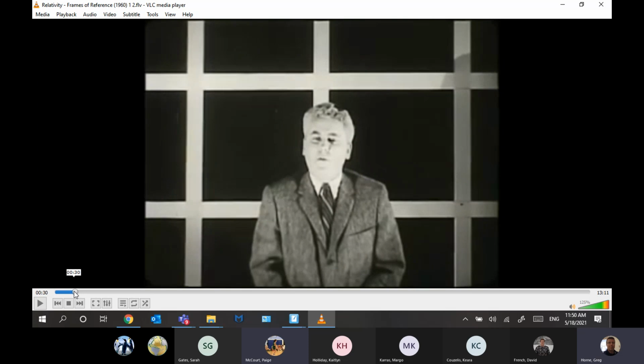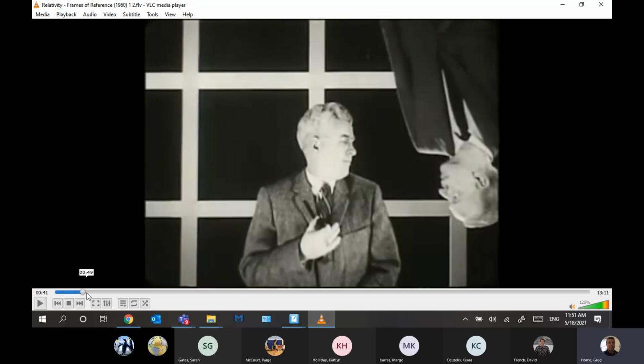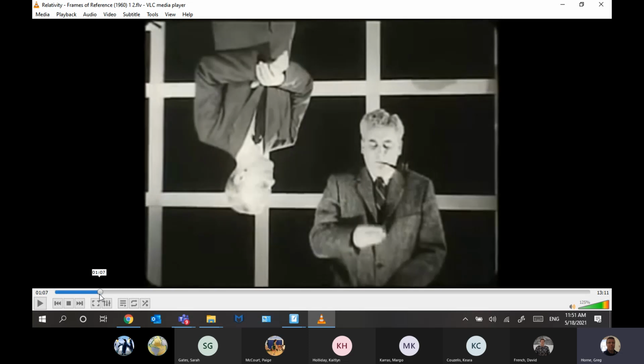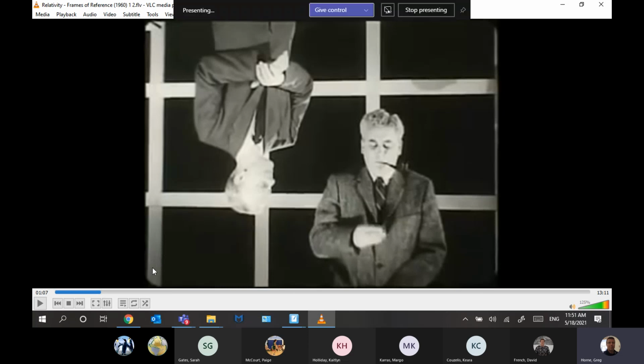So he's standing here talking to you, and you assume that he's just normal, and then this other guy's moving around weirdly, and it turns out they decide they're going to flip a coin to see who's really upside down. This guy flips the coin, and it goes up and down into his hand. This one goes down and falls on the floor, right?